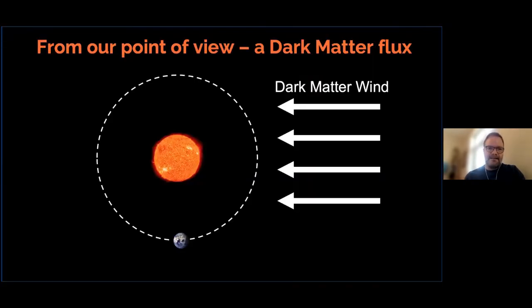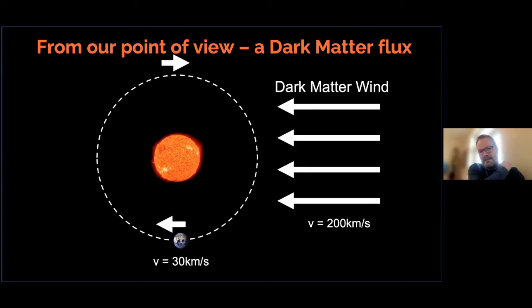And then, on Earth, we travel with our sun in a spiral arm of the galaxy. So what we will see is basically this dark matter wind blowing at us with around 200 kilometers per second. And the Earth itself is going with around 30 kilometers per second around the sun.